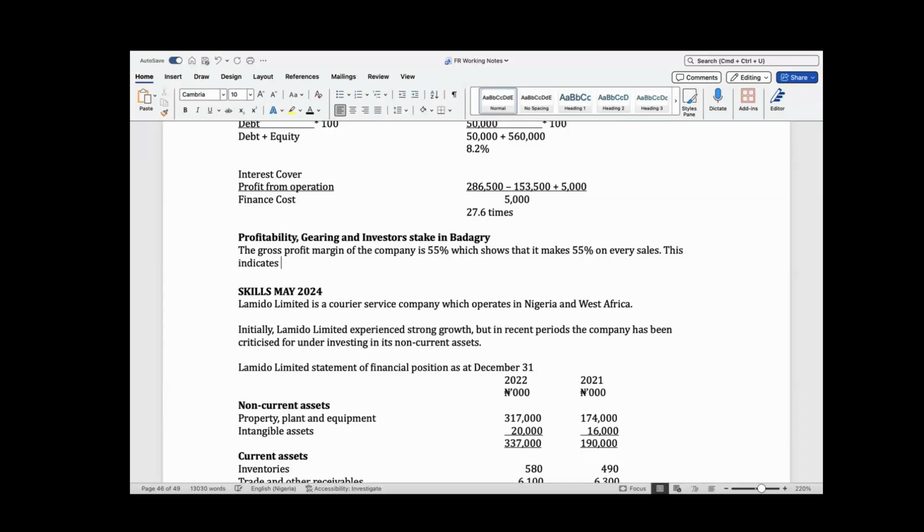For us, this indicates that the company manages its cost of sales very well.